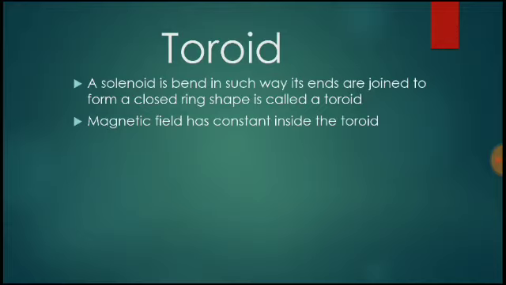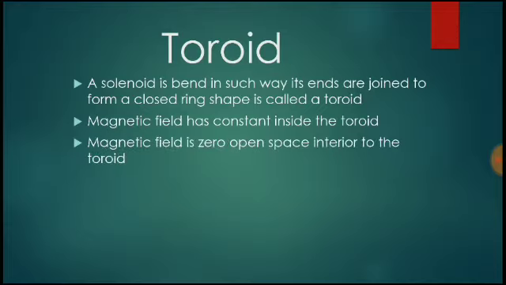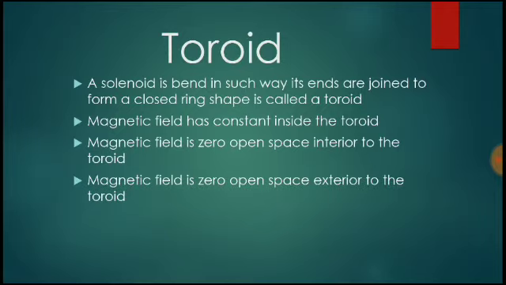The magnetic field is zero in the open space interior to the toroid, and zero in the open space exterior to the toroid.